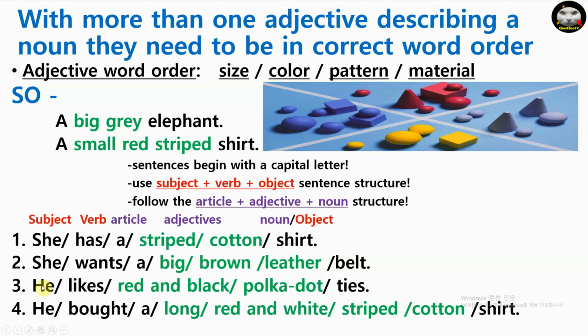In number 3, he likes red and black polka dot ties. We have color, then pattern. In number 4, he bought a long red and white striped cotton shirt. The adjective word order: size, color, pattern, material.